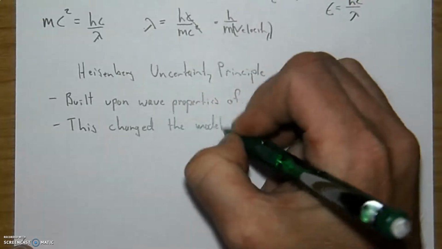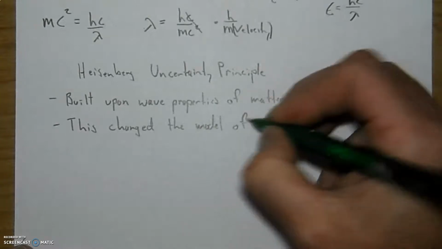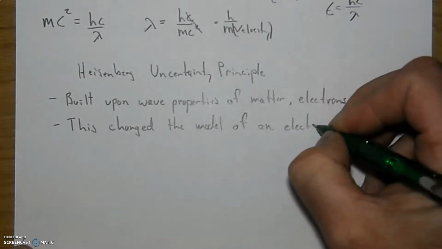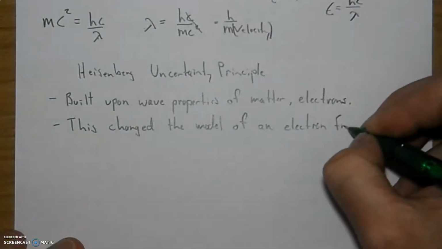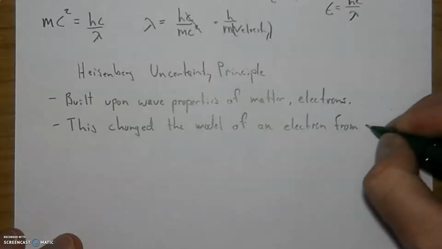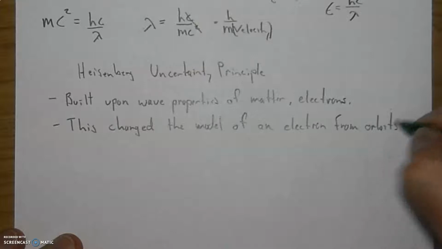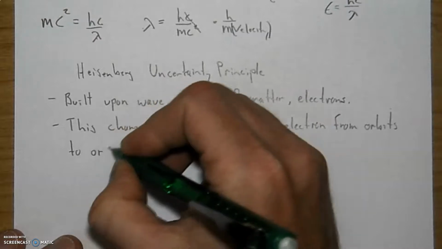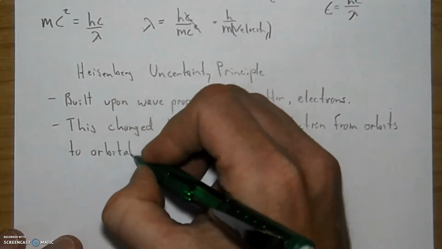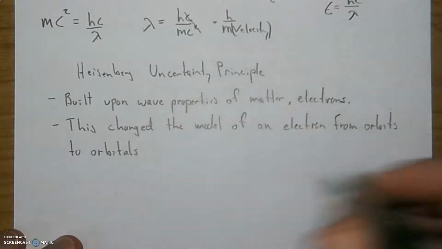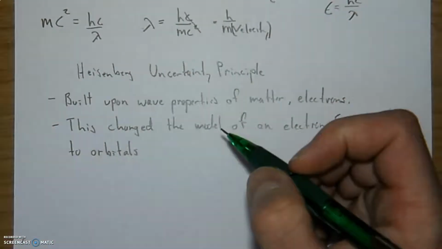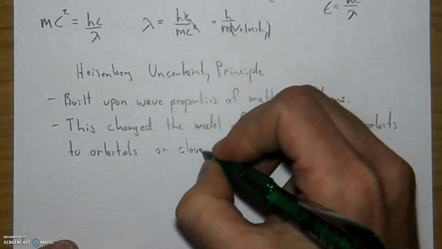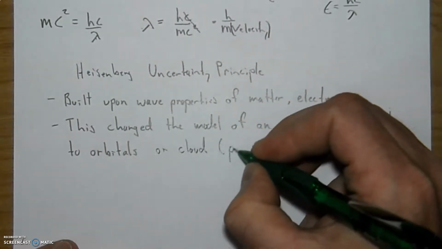Looking at the model of an electron, from what we had previously used, orbits, think like the Bohr model, he changes the idea of looking at orbits to orbitals, or like a region, not necessarily a very specific ring as something goes around. He's saying it's more of like a cloud. So the electron cloud idea comes from Heisenberg.